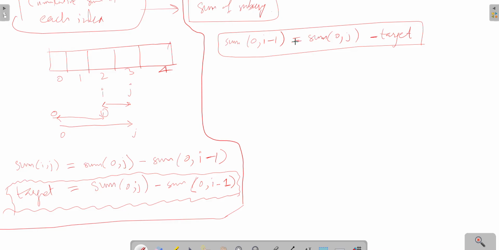That tells us that if this is going to be true for a target value, right, and this value, then this value would always come before j. So in an array, I would always come before j. So if we were iterating through this, we would have passed this I value, right?